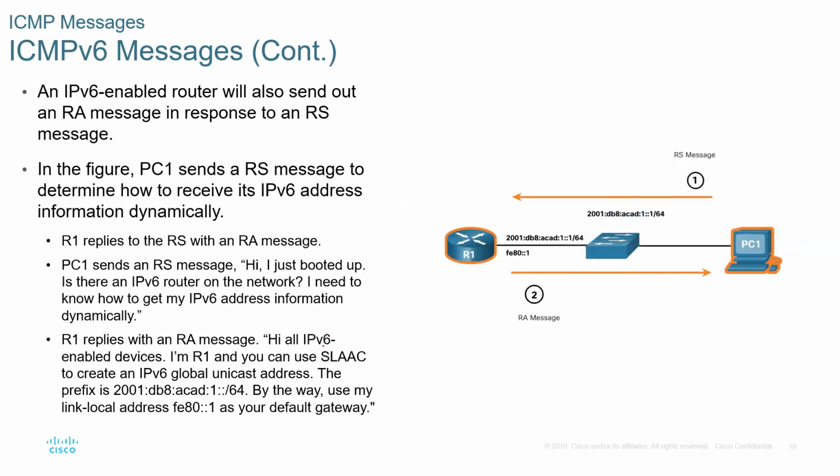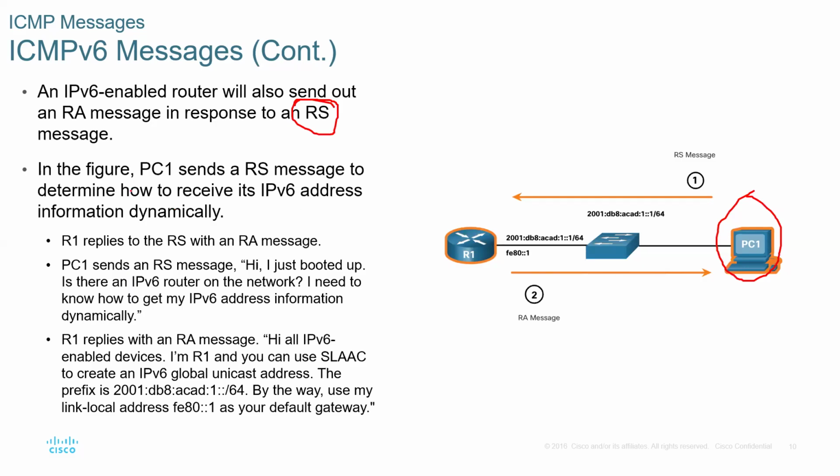Okay, now an IP version 6 enabled router will also send out a router advertisement message in response to a router solicitation. Now, what is this router solicitation? The solicitation is sent by the PC. For instance, the PC is soliciting for requests.